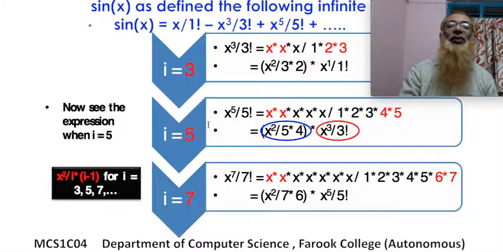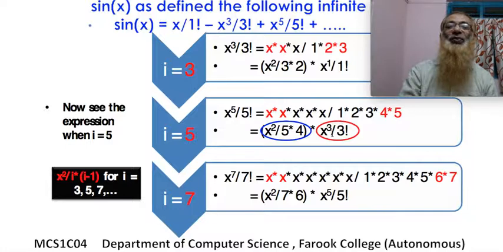When the value of I is 5, we have to compute x raised to 5 by 5 factorial. We have decomposed that this way. Value of I is 5, so the first term will be x square by 5 into 5 minus 1, 5 into 4, x square by I into I minus 1. This portion we have already seen.